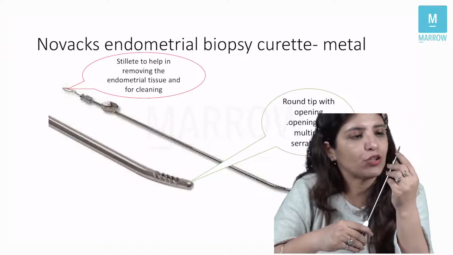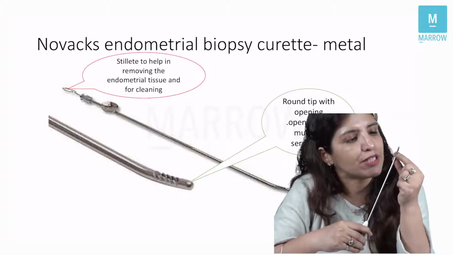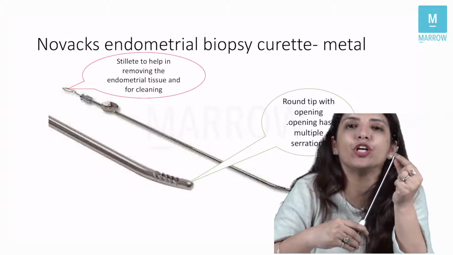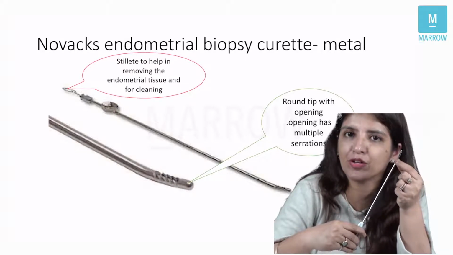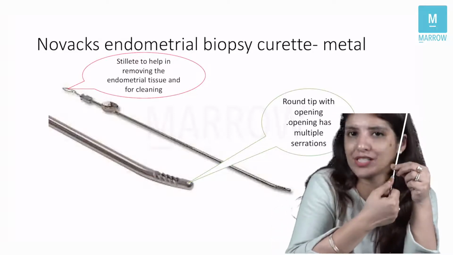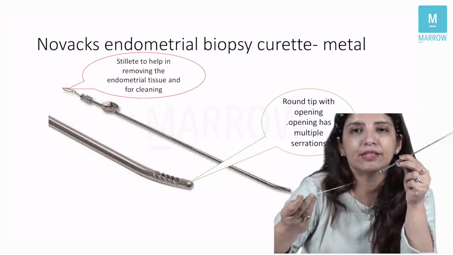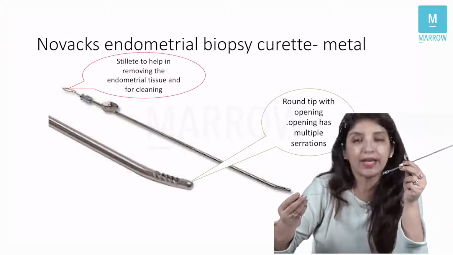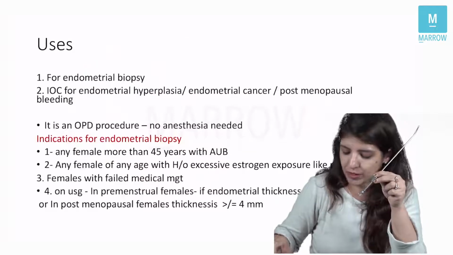Then if you see the distal end, you will see an opening. In this opening, you will see multiple teeth. Can you see the multiple teeth over here? It is in these teeth that the endometrial tissue will come and stick when you are doing the endometrial biopsy. Now, at the proximal end, you have a thumb rest and a stylet. This stylet is going to take out the endometrial tissue, and it is also going to help in cleaning the instrument.